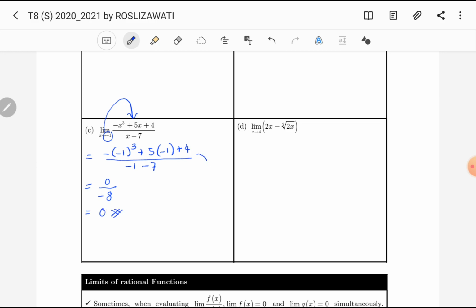Okay, ataupun yang ni. Tadi kan kita dah belajar property. Sebenarnya kita boleh tulis macam ni. Sebenarnya kita boleh pecahkan. Dia jadi limit negative x cube plus 5x plus 4 as x approaches -1 divide by limit x minus 7 as x approaches -1.